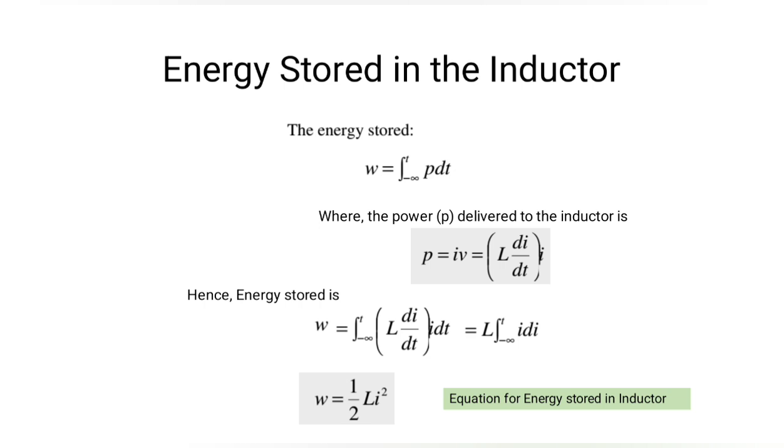So the integral of L into dI by dt into I into dt. dt and dt get cancelled as they are just the change of time. So remaining we have L into integral I dI. I dI is integrated, we get I square by 2. So the final equation for energy stored in the inductor will be W is equal to 1 by 2 L I square.